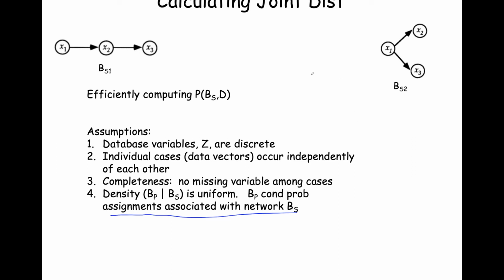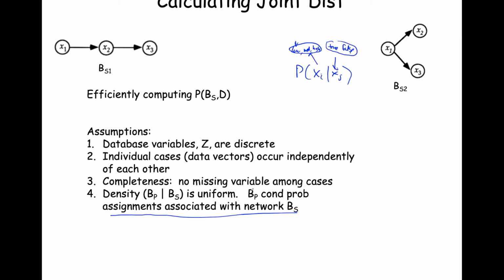So that means if you have an assignment probability of some node xi given some node xj, and let's say xj can take on values of true, false, and xi can take on values, for example, low, medium, and high, you can assume that there's no preference for low, medium, or high above the others. They're equally likely to be selected, low, medium, high, and likewise true is equally likely to be selected as false. That's the assumption that we're working with.